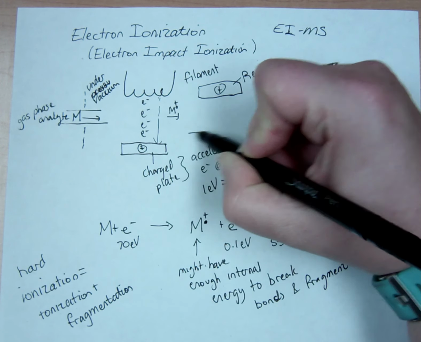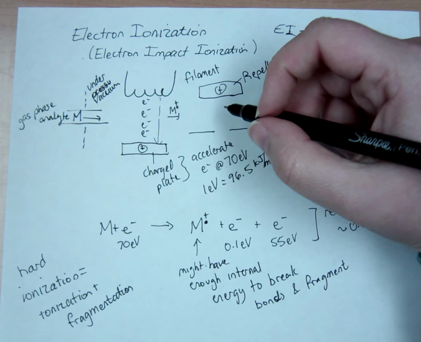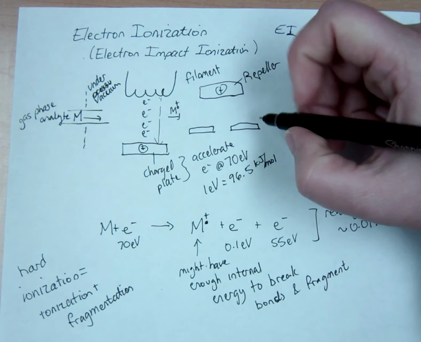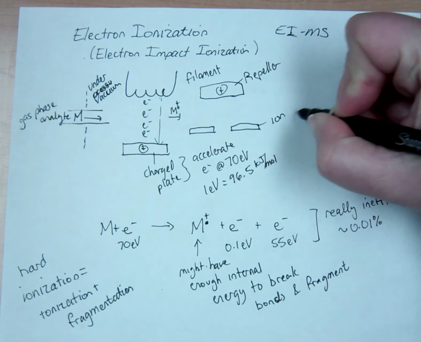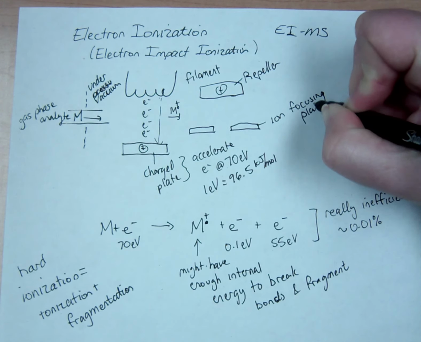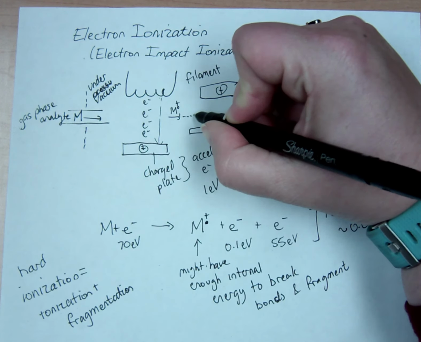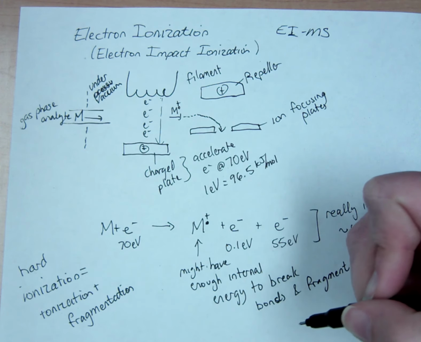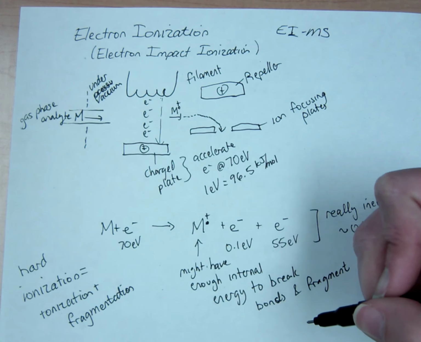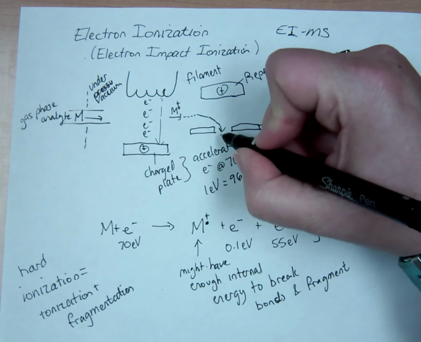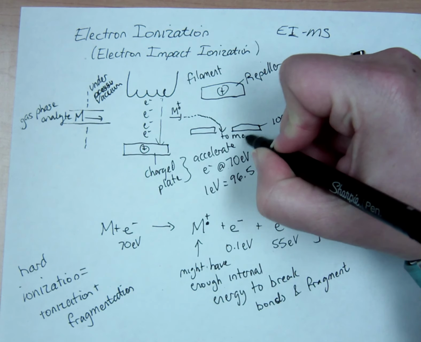That's going to direct us to some ion focusing optics, some ion focusing plates. As the ions are repelled from the repeller, they go through the focusing plates. We're going to get a nice tight beam, and we're going to make sure all of the ions have the same kinetic energy as they then head to the mass analyzer.